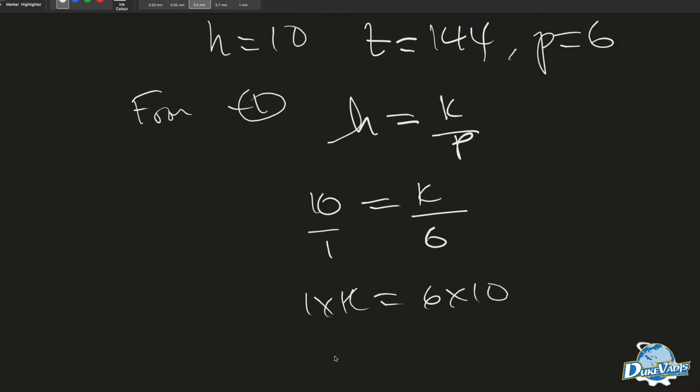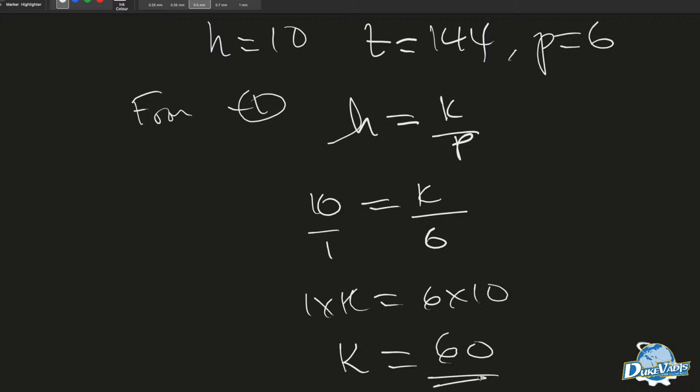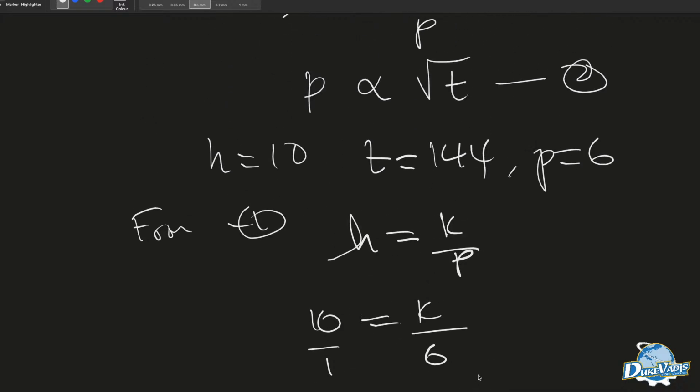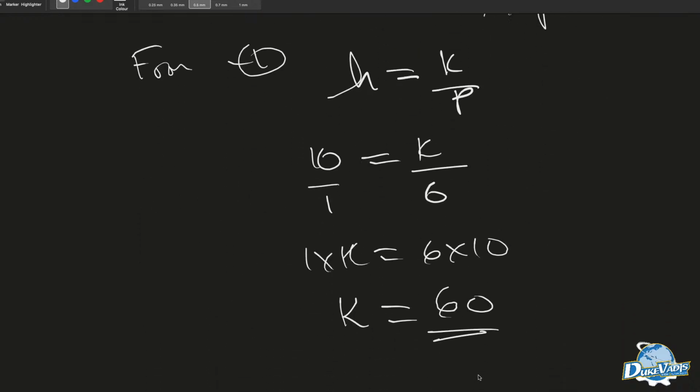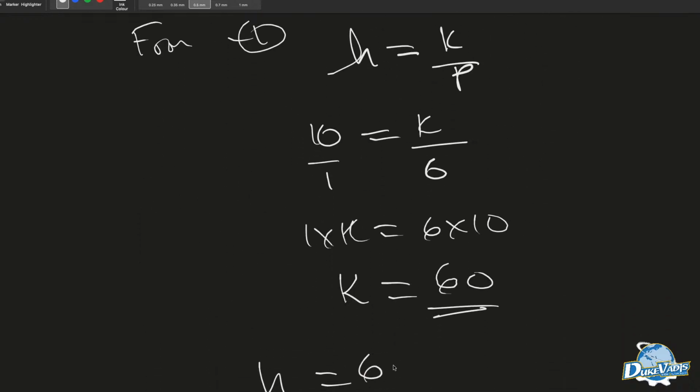Okay, so k is now 60. So I've been able to establish the equation, which says h is equal to 60 over p. That becomes our equation 3.